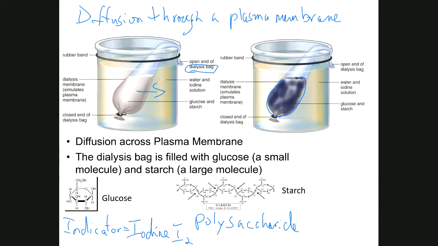And that small molecule is able to pass into the bag very easily and stain the starch on the inside of the bag purple.